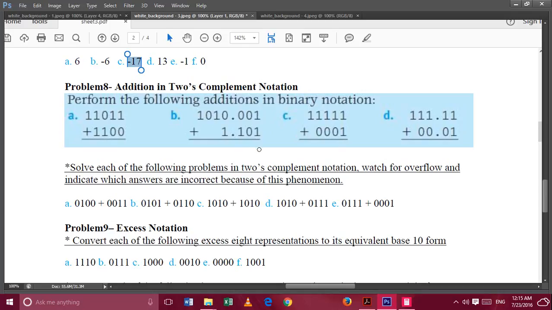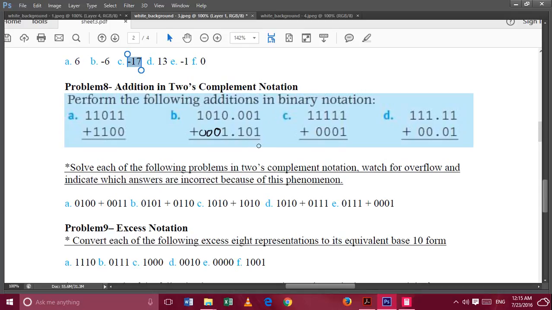First of all, if these are different signs, because we agreed that if you have 1 here, that's negative, and if you have 0, that's positive. An overflow, mark my words, never occurs if you're adding numbers with different signs. It only occurs when you're adding numbers with the same sign. So there will be no overflow here.